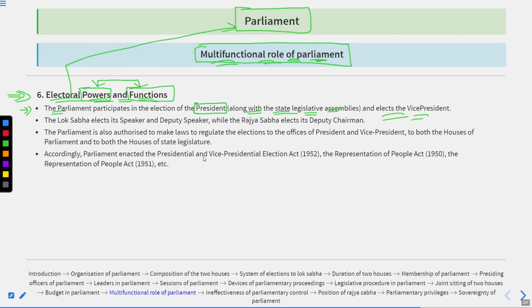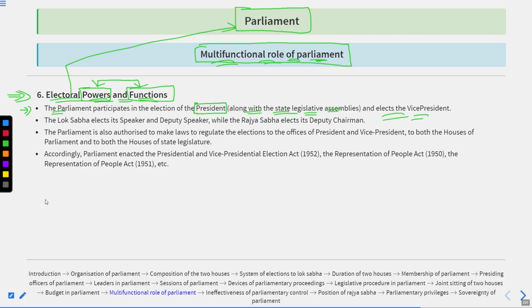The correct answer is DPSP. DPSP stands for Directive Principles of State Policy, which emphasizes the social and economic democracy of the country.